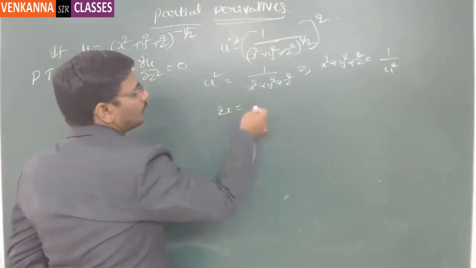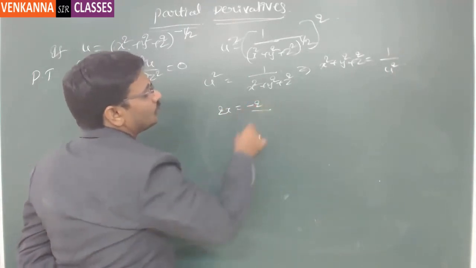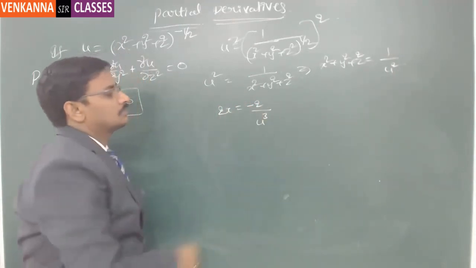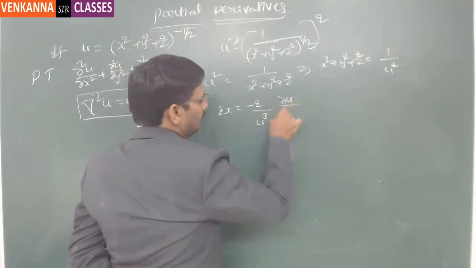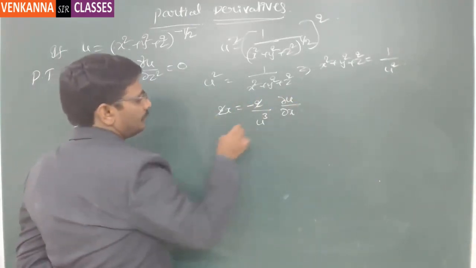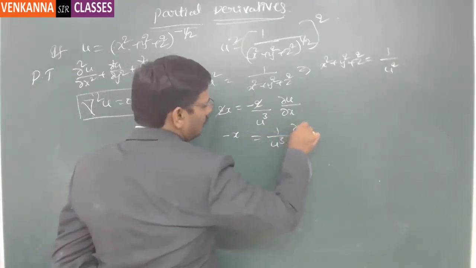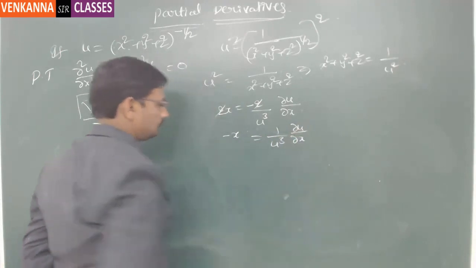Now if you take the derivative with respect to x on either side, this will be 2x is equal to minus 2 into u power minus 3, into dou u by dou x. So this 2 will cancel, then minus x is equal to 1 by u cube into dou u by dou x.